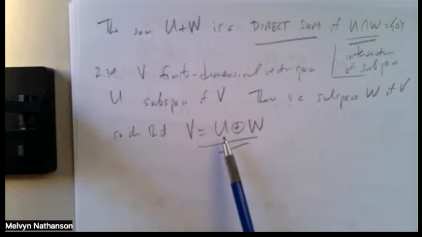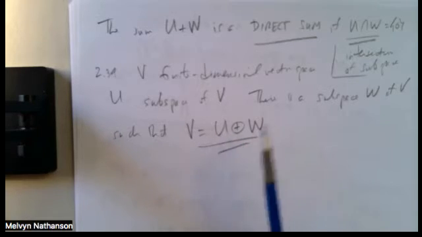So every vector in V has a unique representation as the sum of a vector in U and a vector in W.